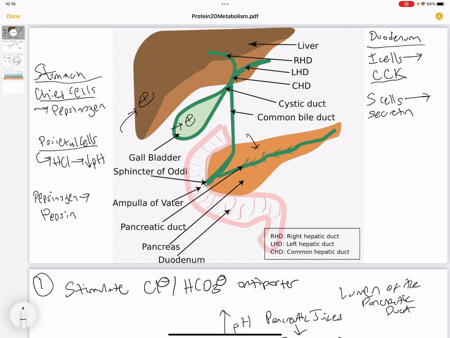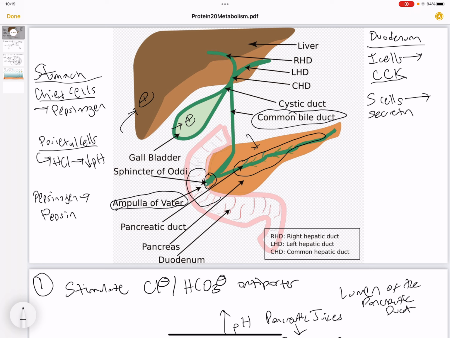And the common bile duct over here is where the bile travels, and the pancreatic duct over here is where the pancreatic juices travel. The meeting point of the common bile duct and the pancreatic duct is known as the ampulla of Vater, and this is located in the major papilla in our duodenum.